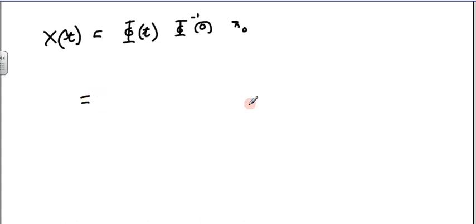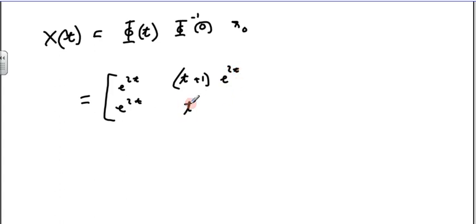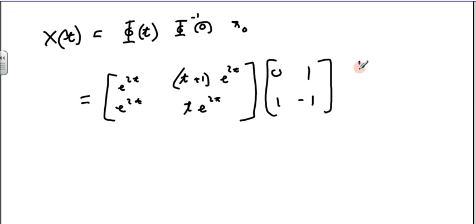All right, so we have e to the 2t, t plus 1, e to the 2t, t, e to the 2t, and the matrix 0, 1, 1, minus 1, 1, 0.